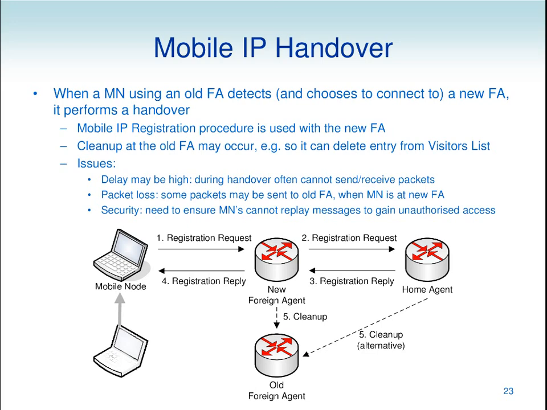So this is identical to what we've seen when we register. There are some optional features, if I move from the old foreign network to a new foreign network, to tell the old foreign agent I've left. And it, for example, can remove me from its visitors list. But other than that, there's nothing different from what we've seen in registration. Handover is you just register to the home agent. That's all.